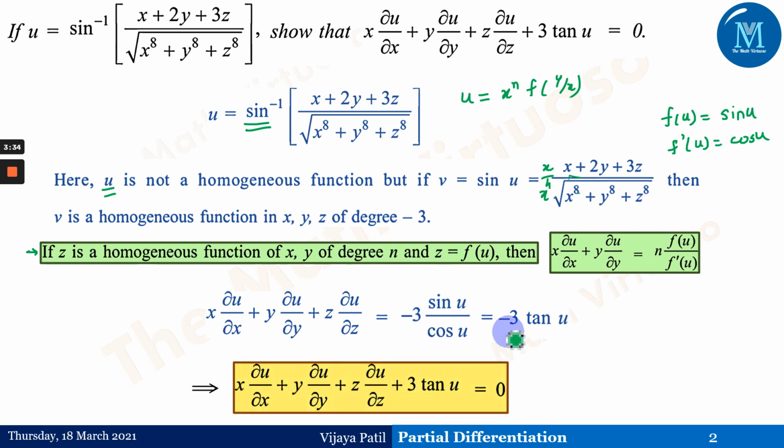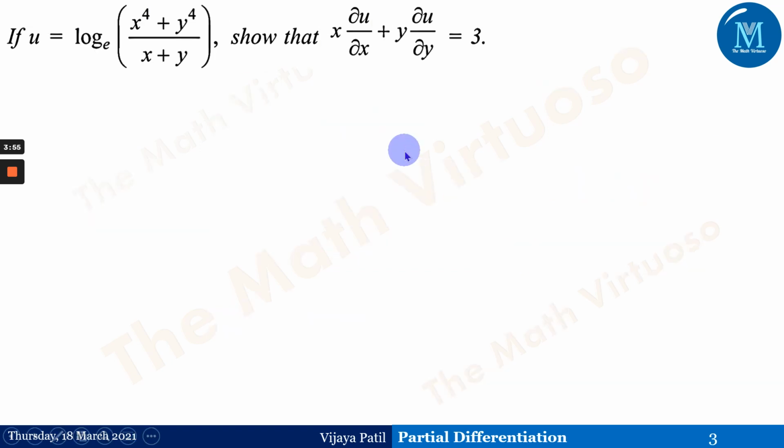Taking minus 3 times tan of u to the other side, it will become plus 3 times tan of u. Along with this, x dou u upon dou x plus y dou u upon dou y plus z dou u upon dou z plus 3 times tan of u is equal to 0, and hence we have got this. So we have used this particular question from the deduction part.